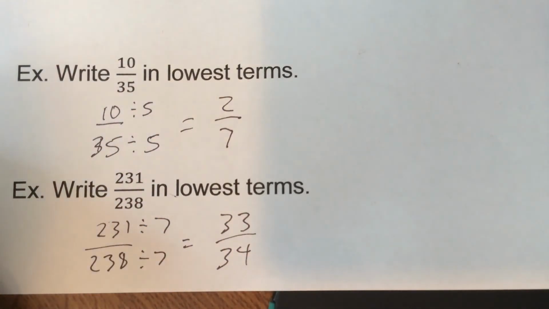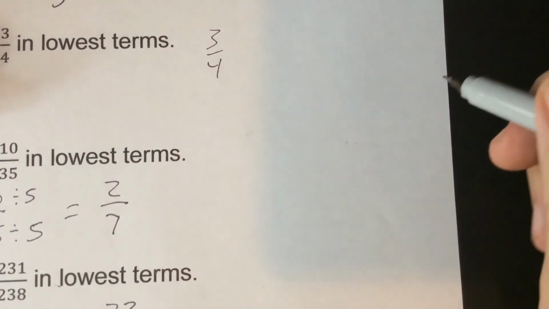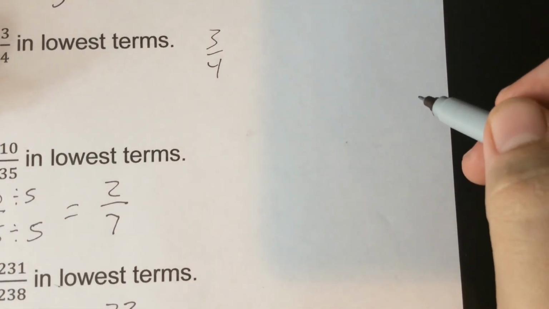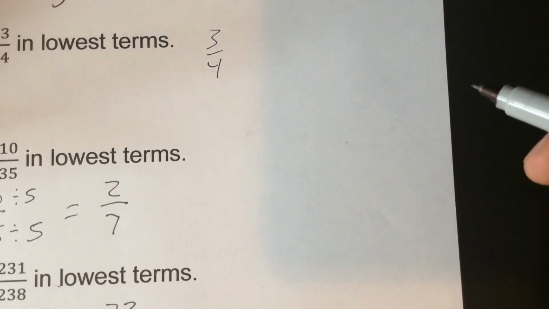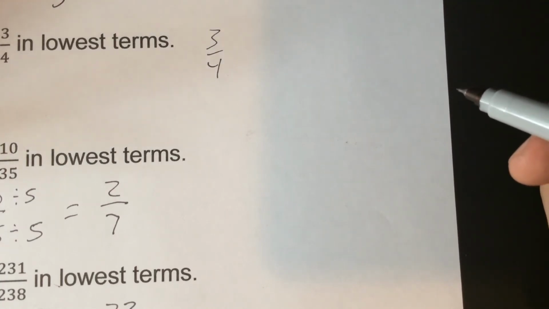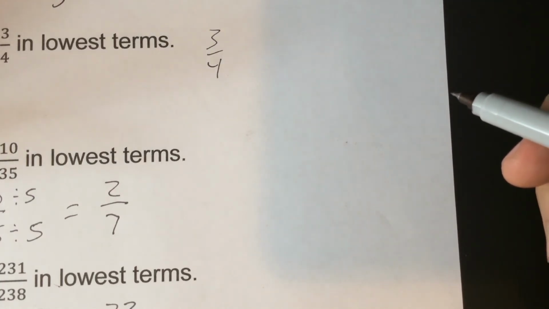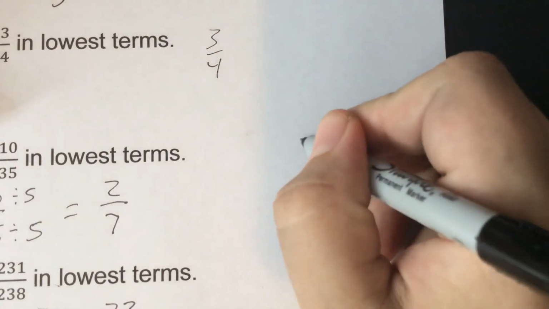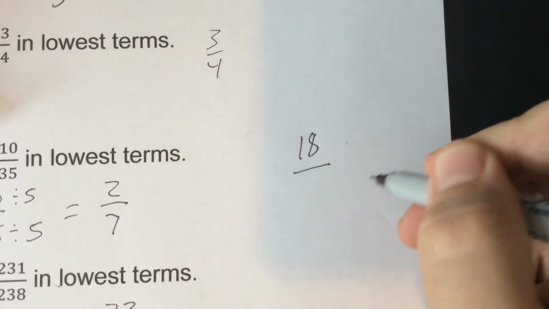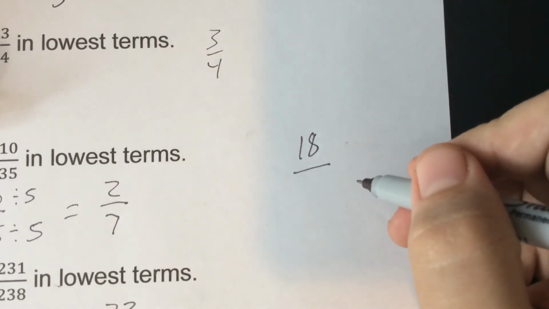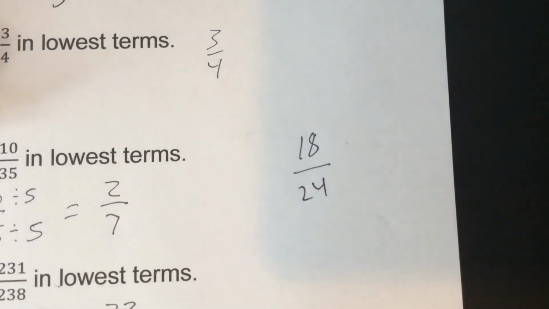But what I want to point out is, this is an extra example, but I want to give you an idea to try when you're doing these. Let's say we have 18 over 24.